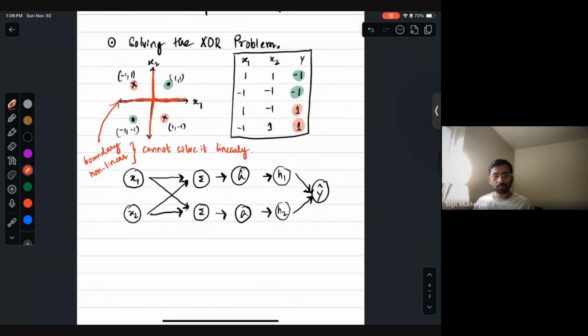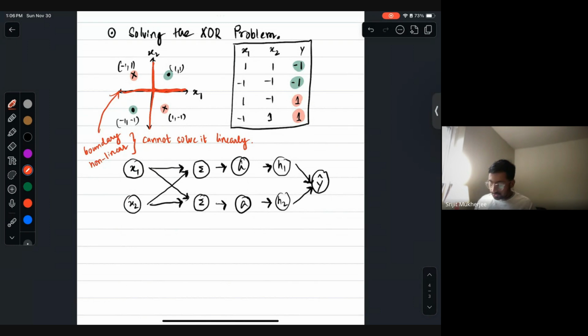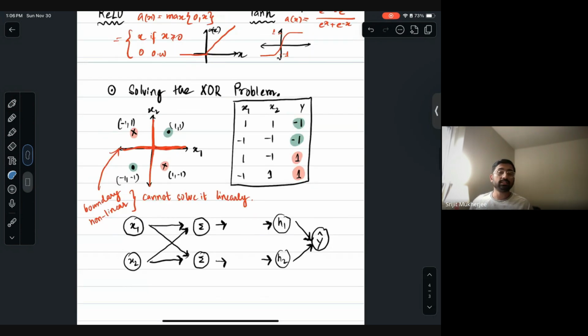So what we will show now is using a neural network. But before I define this, I need to discuss what these neural networks are doing. So let me define that first.